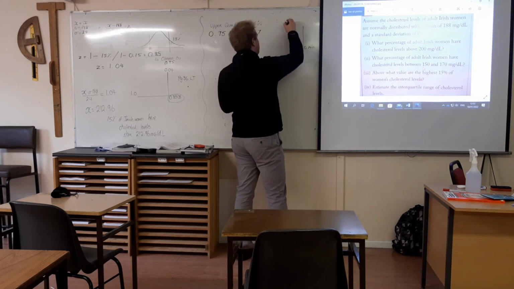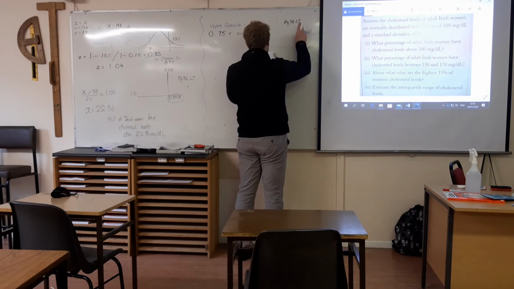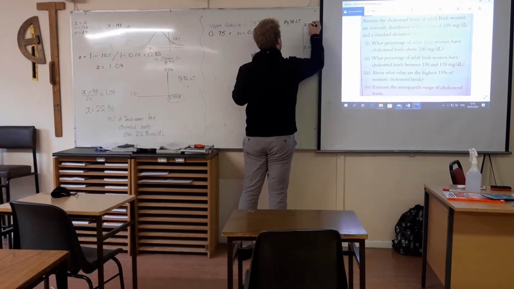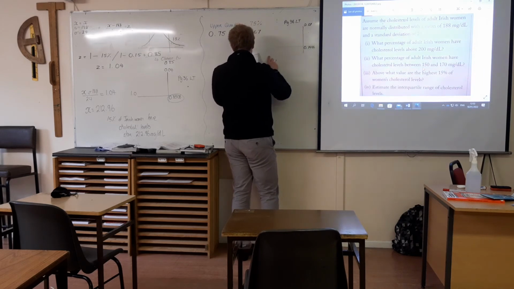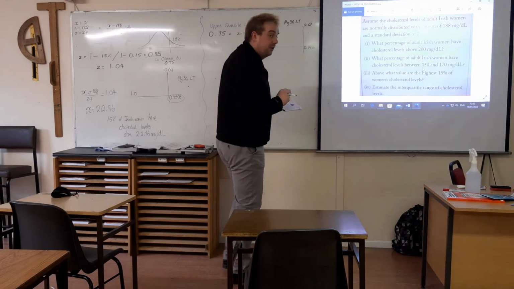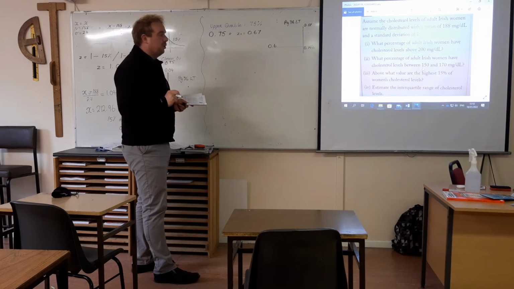It's on page 36 of the log tables. When you read vertically from that number, you end up at 0.07, and when you read horizontally from that number, you end up at 0.6. Adding these two numbers, 0.6 plus 0.07, gives us our first z-score of 0.67.